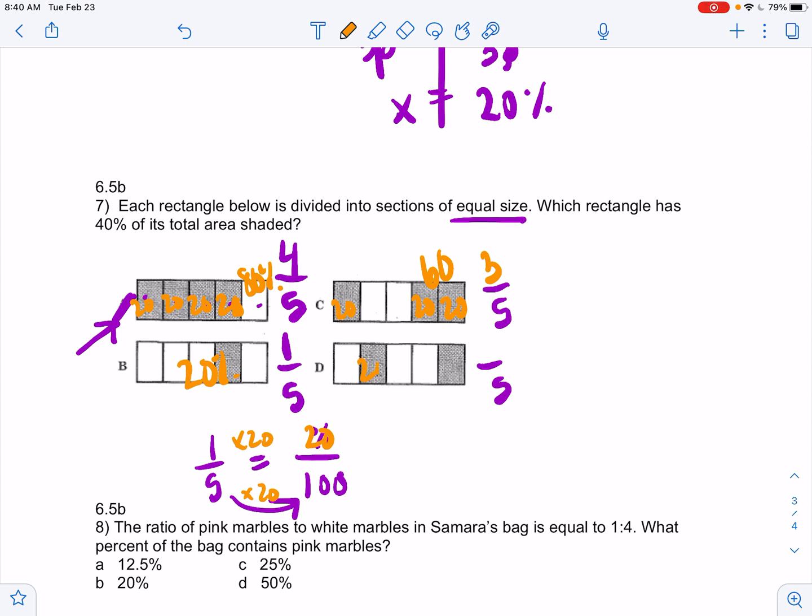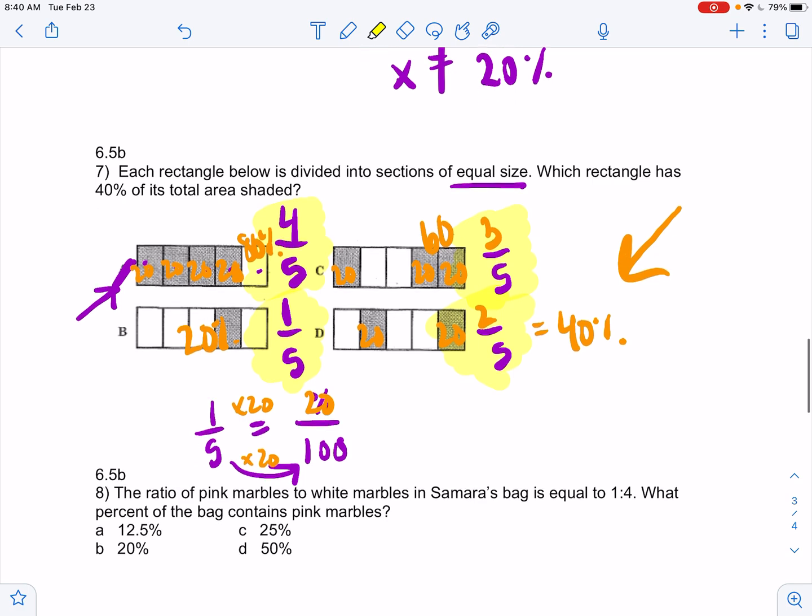And D, 20, 20, 40%. This is a great example of why you should know your benchmark equivalencies. If you know that 4/5 is 8/10 and 80%, 1/5 is 2/10 and 20%, 3/5 is 6/10 and 60%, and 2/5 is 40% and 4/10.